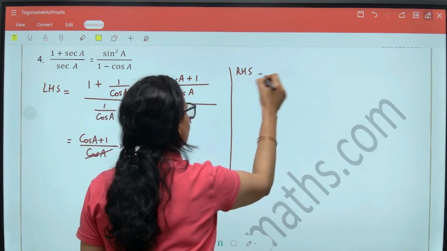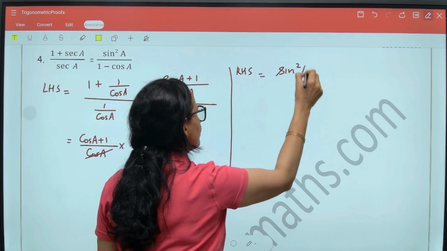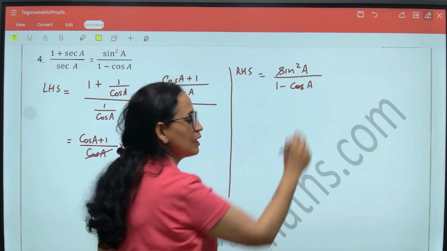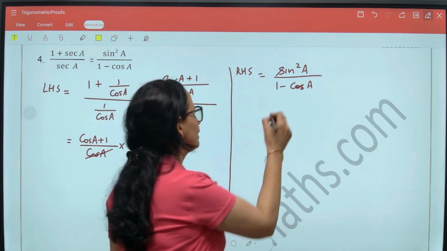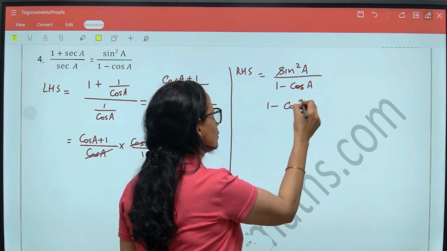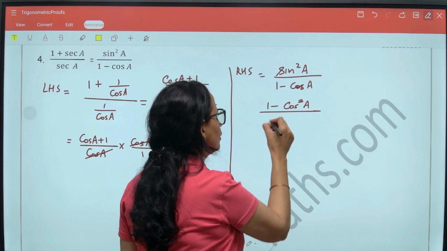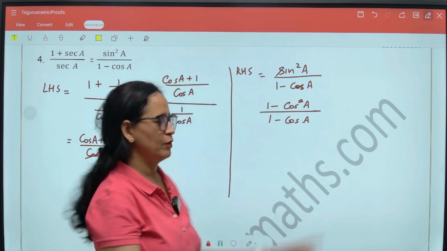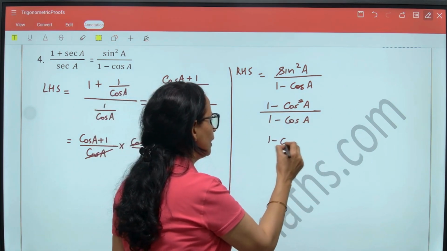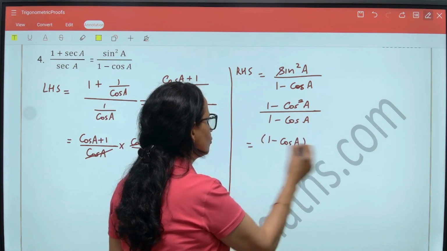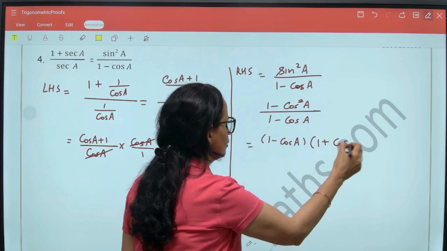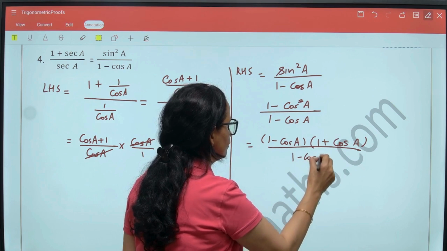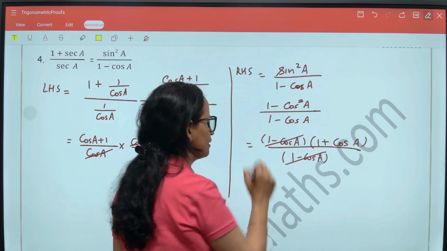On the right side we have sin²A upon 1 minus cos A. So, sin²A can be written as 1 minus cos²A. Wonderful. So, 1 minus cos²A upon 1 minus cos A, which is like a square minus b square, makes it 1 minus cos A into 1 plus cos A upon 1 minus cos A. Now, 1 minus cos A gets cancelled.